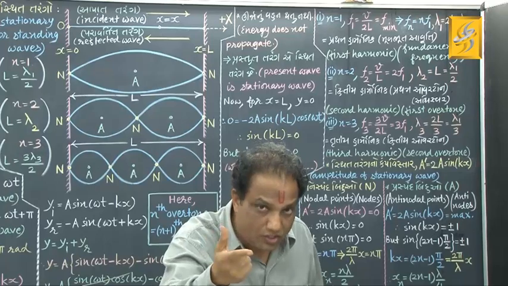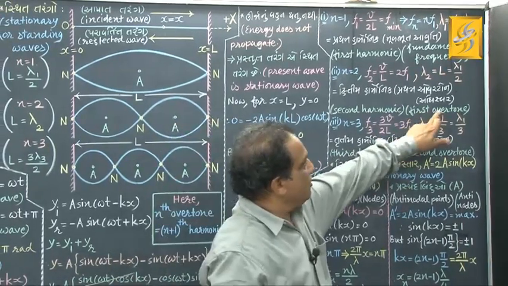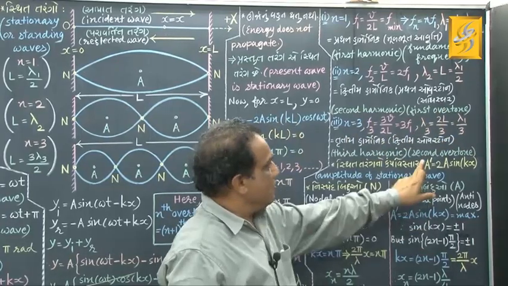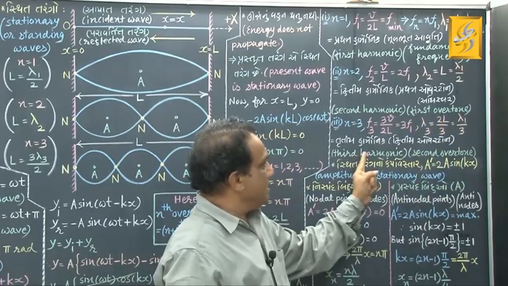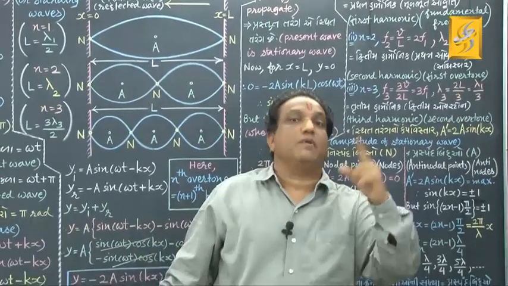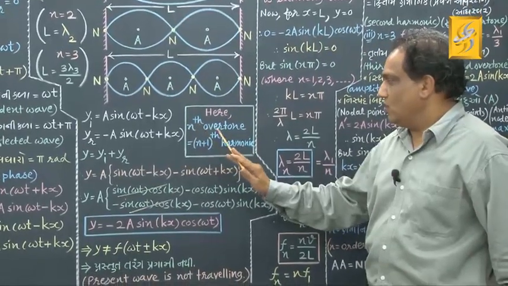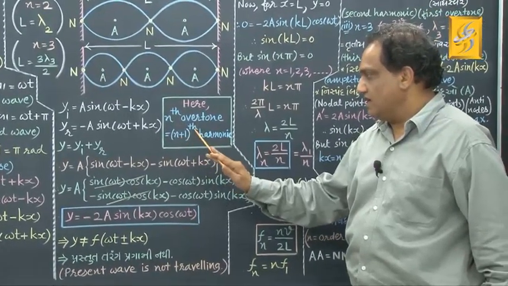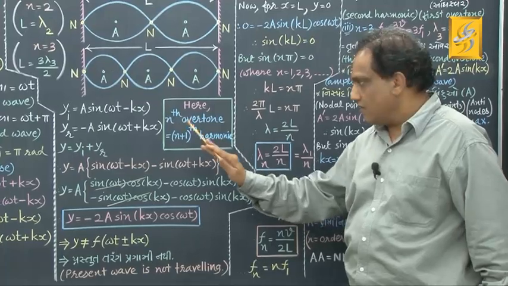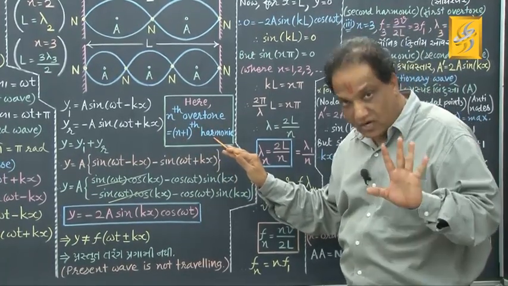First overtone means second harmonic, second overtone means third harmonic. Likewise, the nth overtone is the n plus 1th harmonic. Got it? Fine.